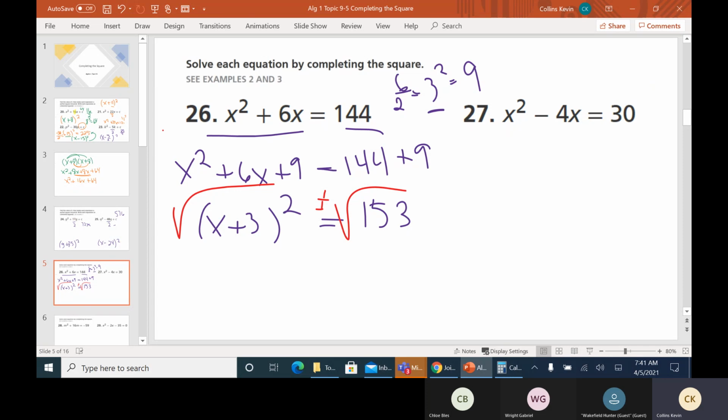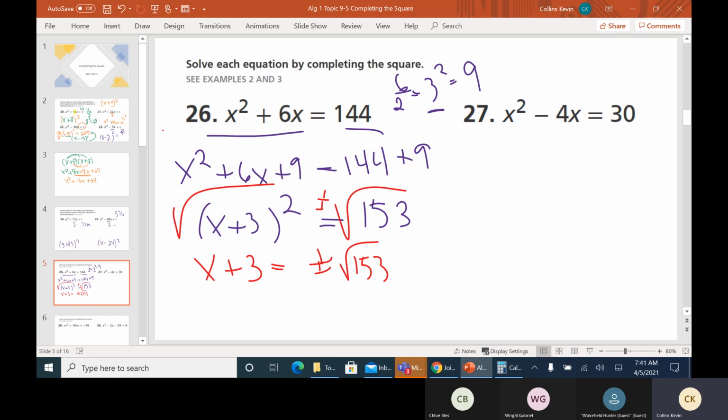All right, so when we take the square root of this side, we're just going to get x plus 3. And that's going to equal plus or minus the square root of 153. So our last step for solving for x is we just have to get the 3 to the other side.